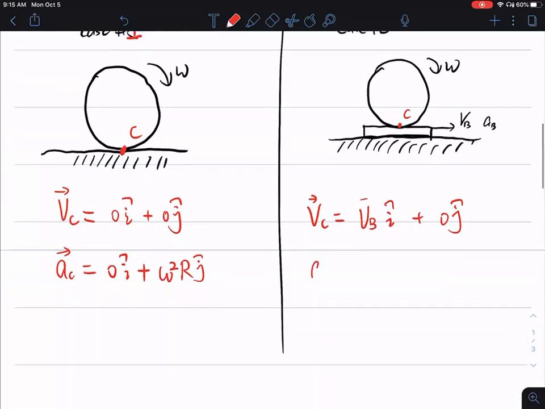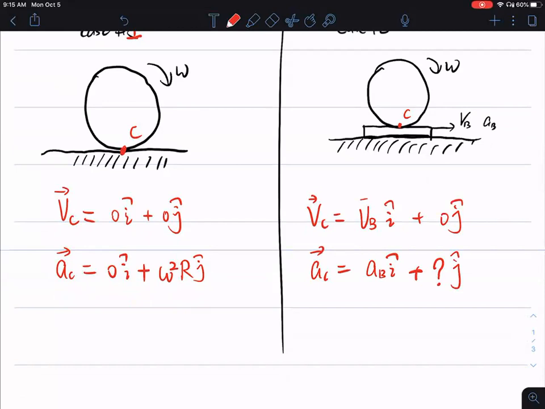The acceleration of that point C, same deal. It has two components. The I component is the same as that of block B, so AB, I. But for the J component, what is it? Zero? No. So I have a question mark there. Nobody knows.